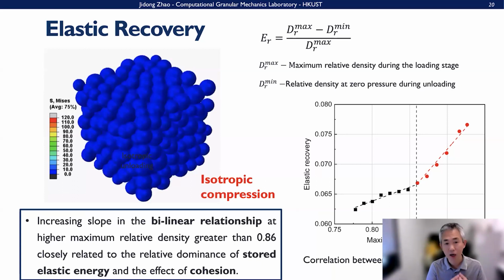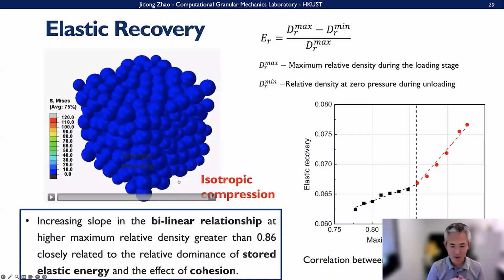Those recoveries occur because the particles are not only cohesive and deformable, but the deformation also developed at contact will store a certain amount of elastic energy, and when you release the external force, the energy will be released, and that generates the so-called elastic recovery.